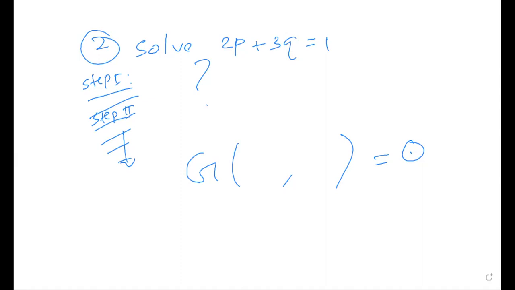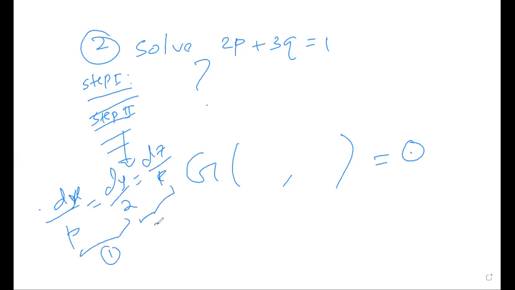So that's how the procedure goes. Use first dx over p, dy over q, dz over r. First you choose these two, and second you choose these two. So it will give you the correct answer.